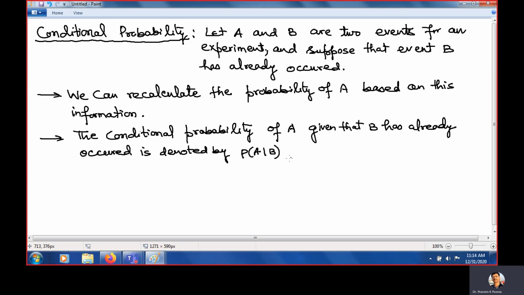This is known as probability of A given B.